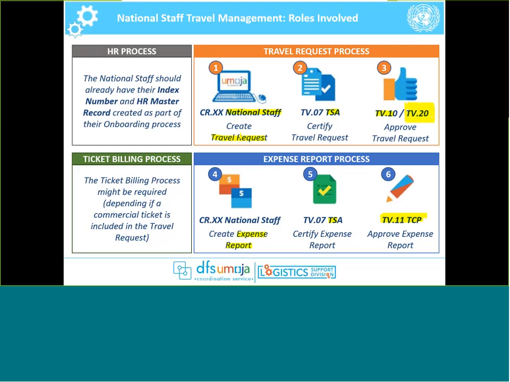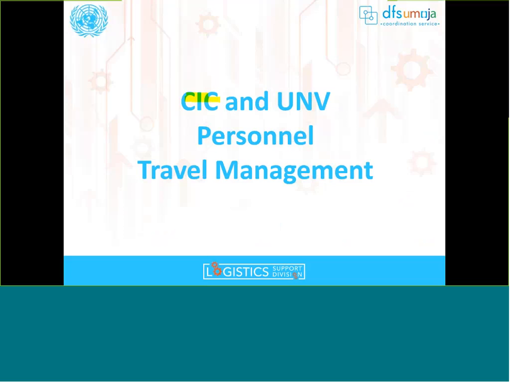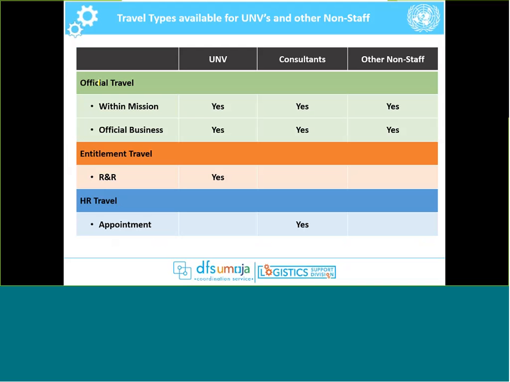So for official travel, no changes. CICs and UMBs can also have official travel. The official travel category applies to all non-staff categories, so they can always travel, whether within mission travel, official business, or any other travel type within the official travel category.